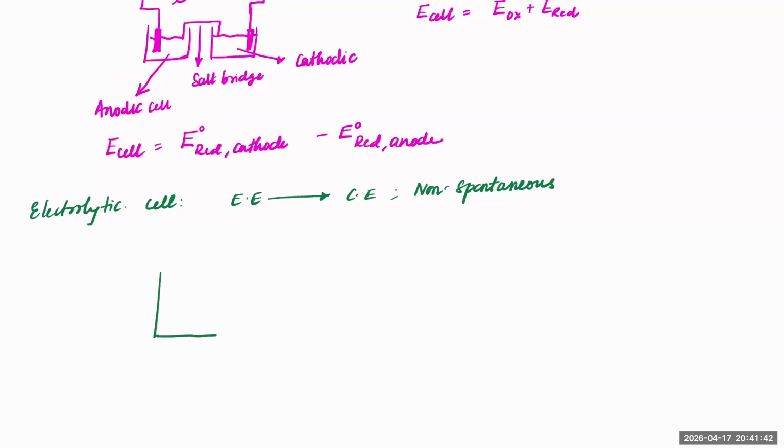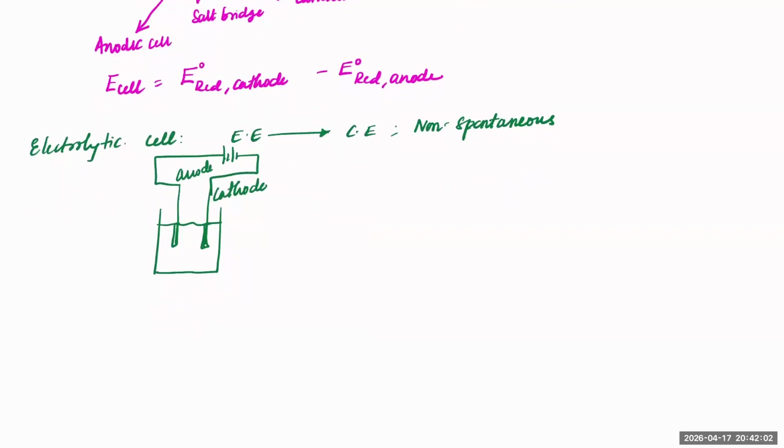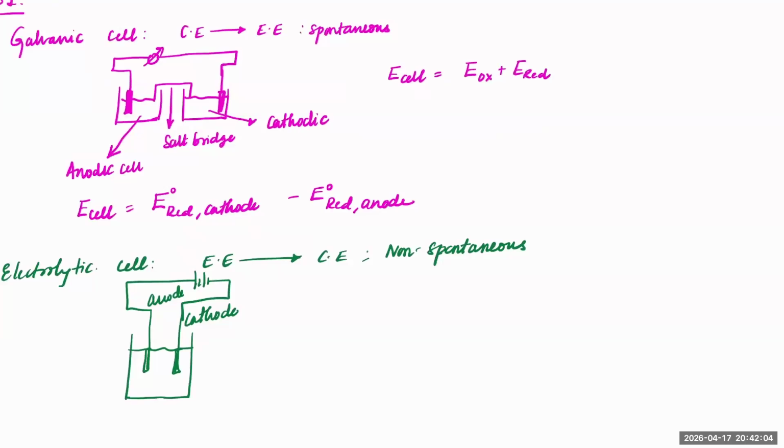In this case, you will have only one cell. Within the same cell, we have cathode and anode. These are connected by external electrical wires with some voltage on it. And irrespective of whether it is a galvanic cell or electrolytic cell, reduction always happens at cathode, oxidation happens at anode.